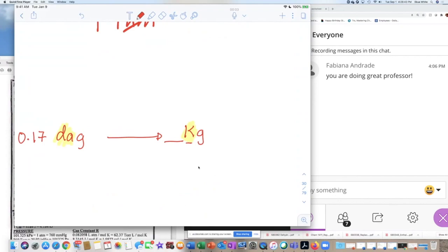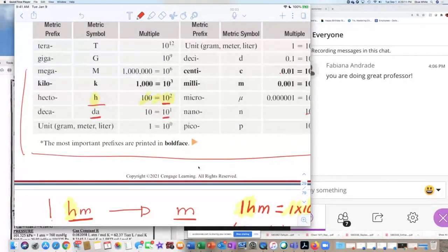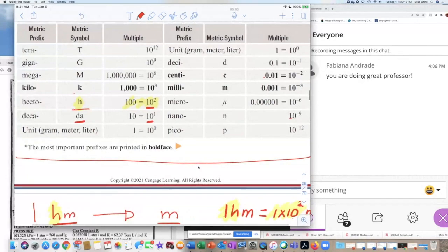So the easiest thing to do is say 1 DAG, and then figure out what that is, and then 1 KG, figure out what that is. Okay, we're trying to get equalities that define or identify the metric prefix DA and the metric prefix K. So I have to go back to my table and figure out what DA stands for. Go back here, DA. DA is 10 power 1, okay? And then K is 10 power 3, as in 1,000.